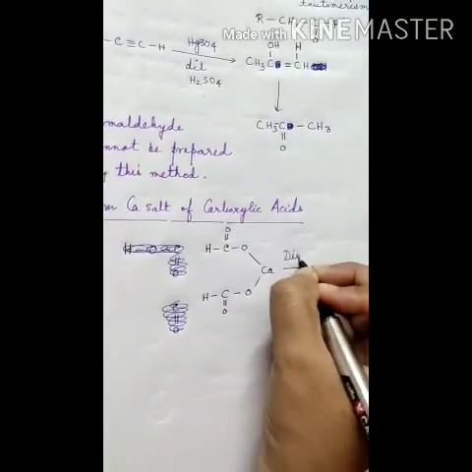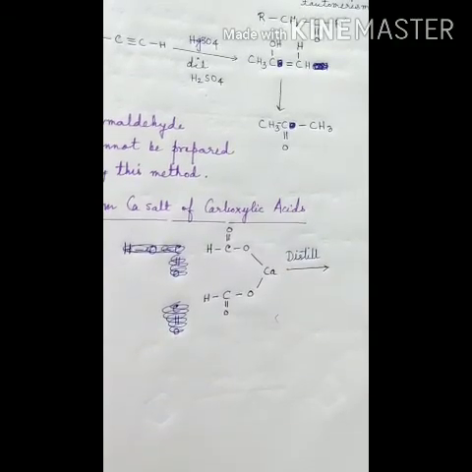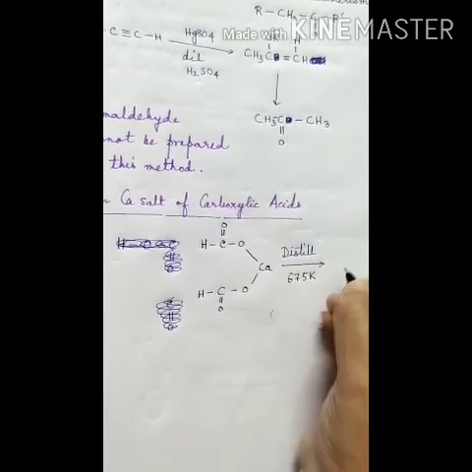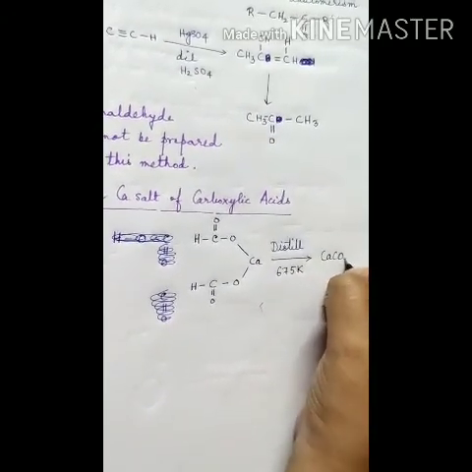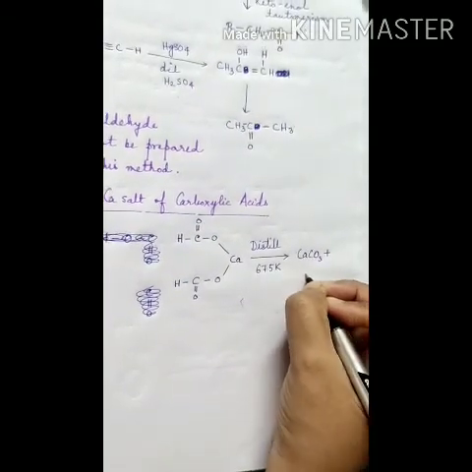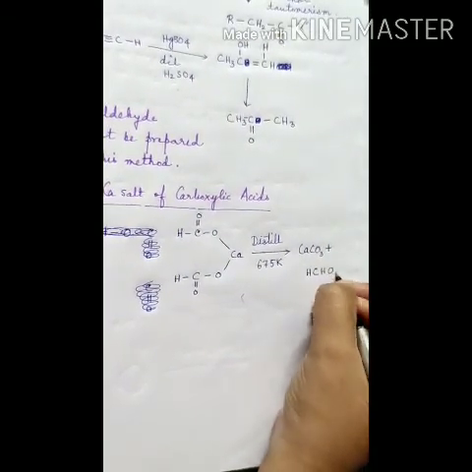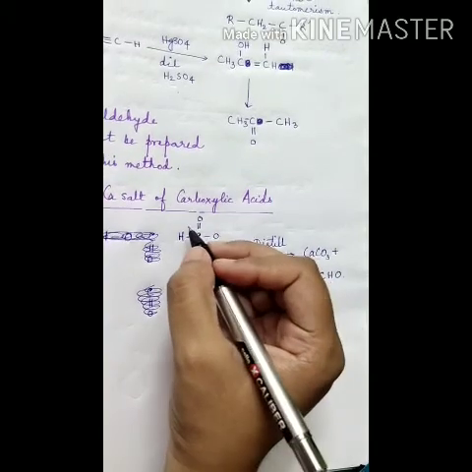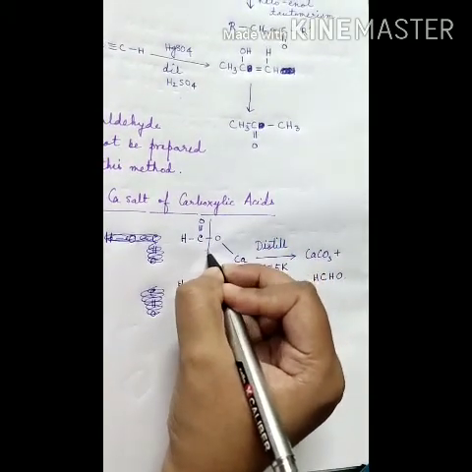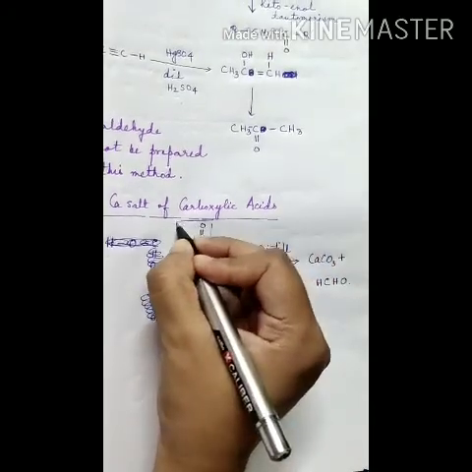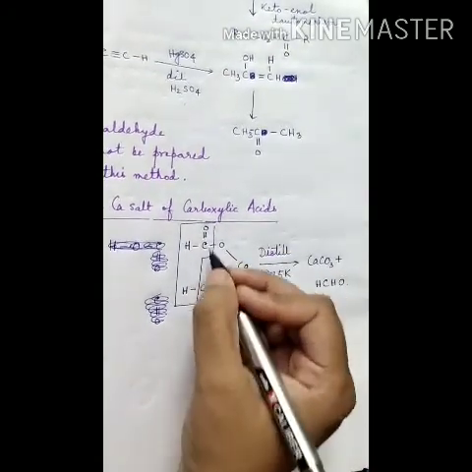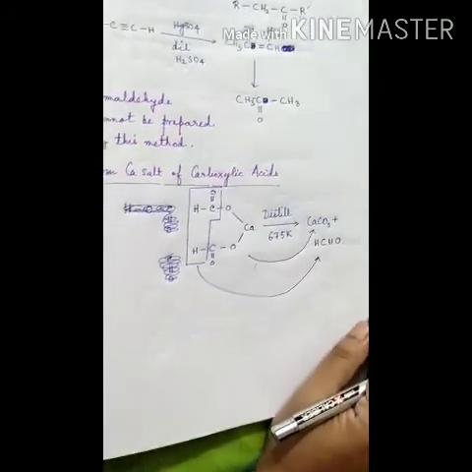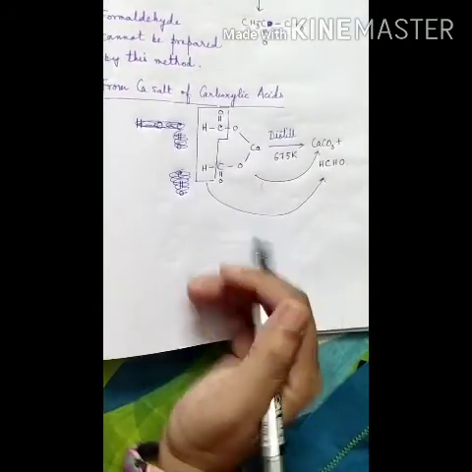If we distill this salt, what will we get? Under distillation, the temperature is 675 Kelvin, one molecule of CaCO3 will move out with the formation of HCHO. And what is this? This is formaldehyde. So this molecule is preparing this one HCHO and the remaining part is the CaCO3. So in this way by distillation we get the aldehyde and ketone.